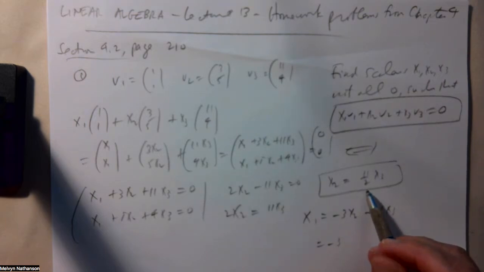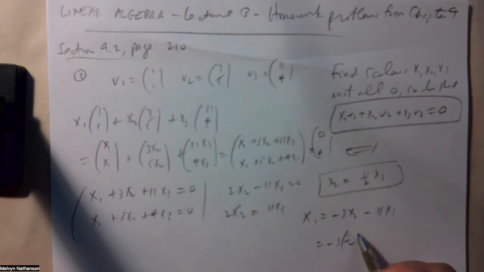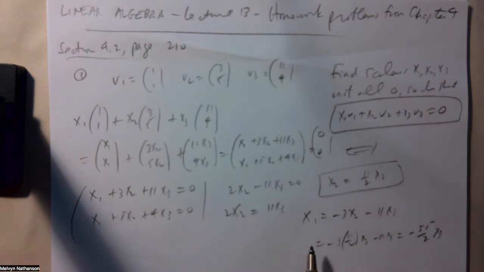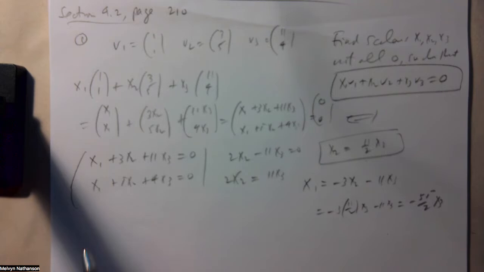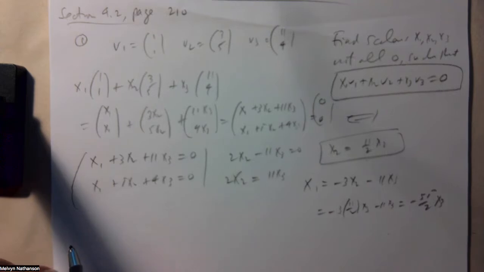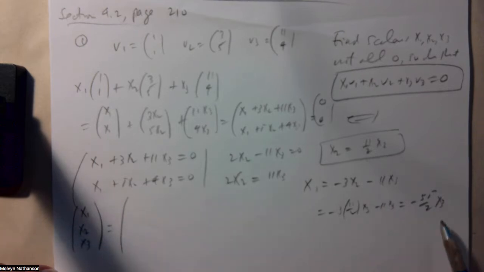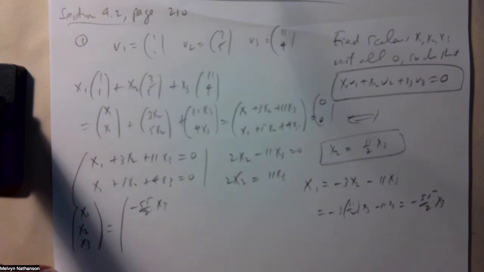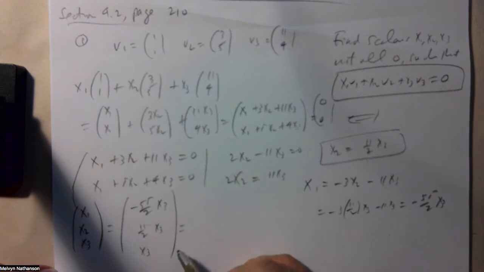Let's see, x2 is 11 over 2 x3, minus 11x3. So if you do your arithmetic, this is minus 55 over 2 x3. So it looks like a solution of the system of homogeneous equations is the vector x1, x2, x3, where x1 is minus 55 over 2 x3, x2 is 11 over 2 x3, and x3 is x3. That's just for any value of x3.